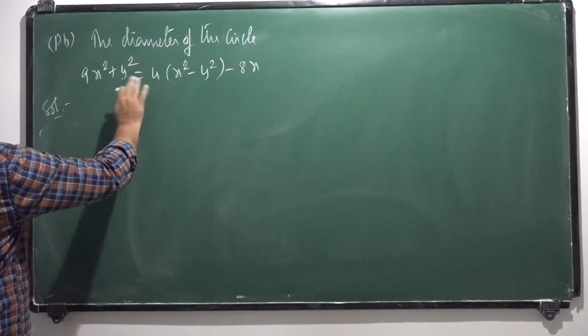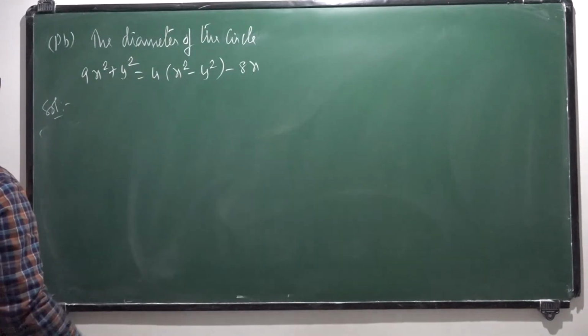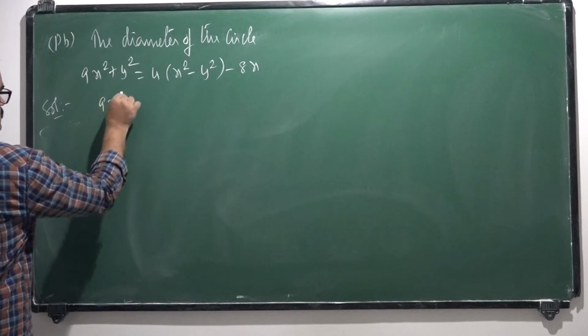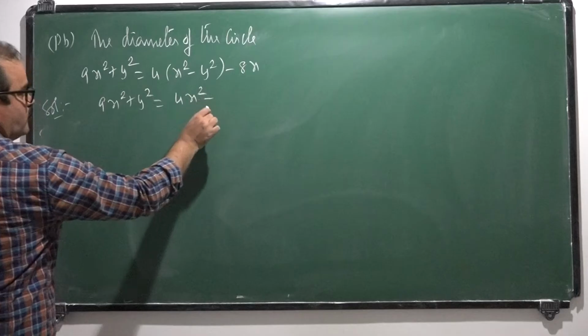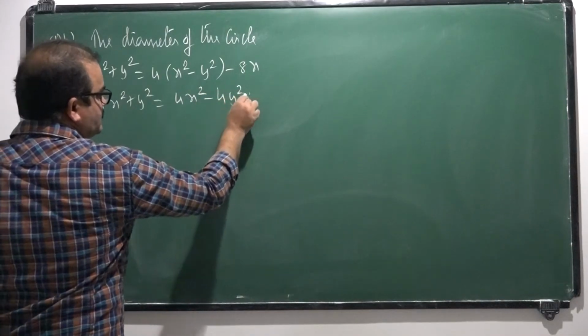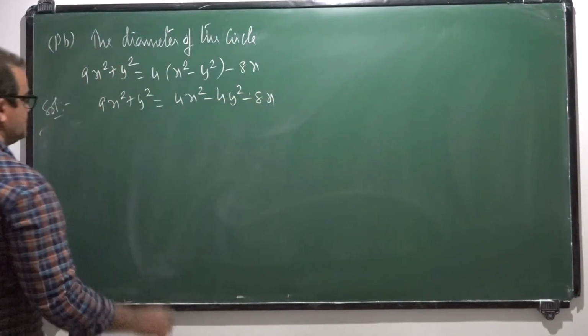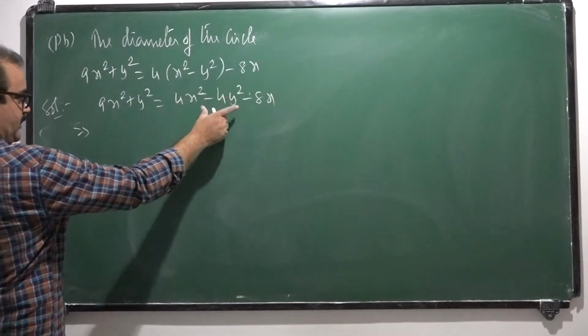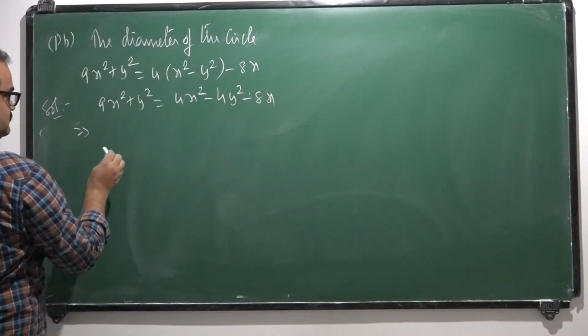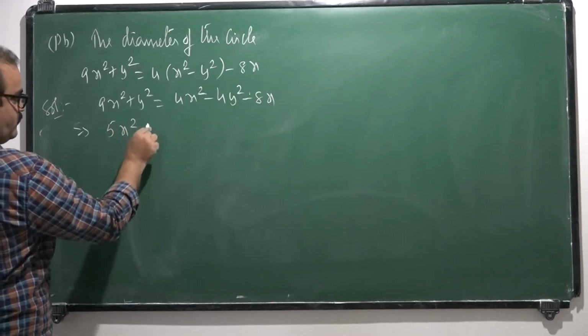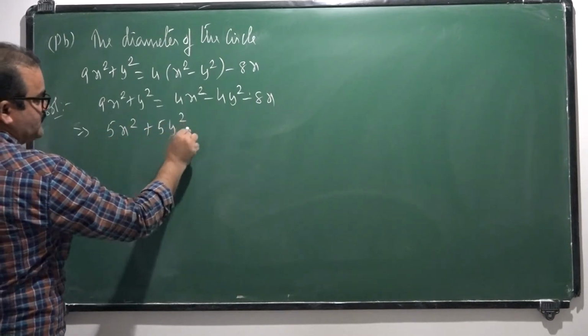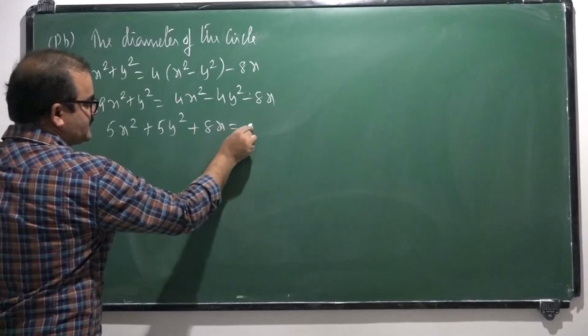First reduce this equation into standard form. 9x square plus y square is equal to 4x square minus 4y square minus 8x. Take these three terms to LHS. 9 minus 4, 5x square plus 5y square plus 8x is equal to 0.